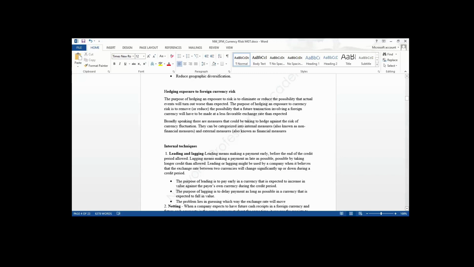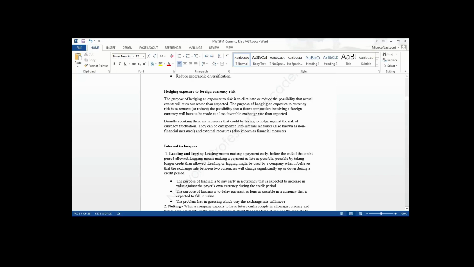The purpose of leading is to pay early in a currency that is expected to rise in value in future periods. If I envisage that the dollar will rise at a future period, I can make my payments early. I'm leading.